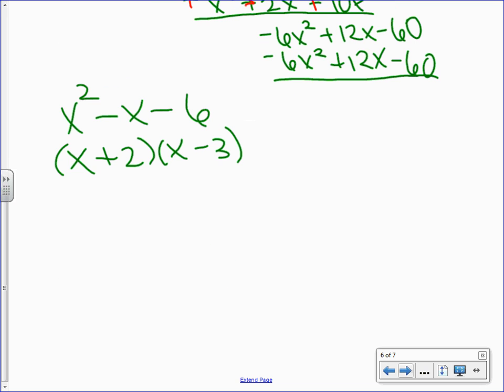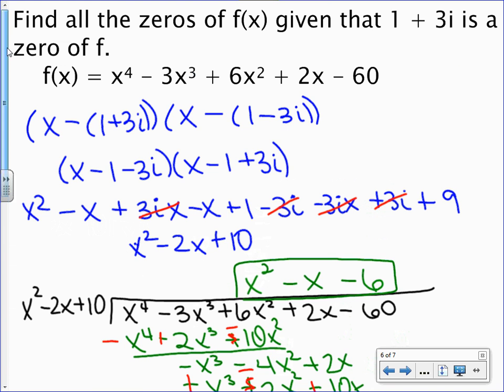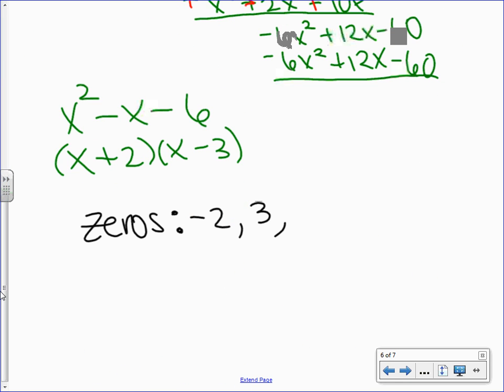So our zeros are negative 2, 3. Well, what were they? That was a long time ago. 1 plus 3i and 1 minus 3i. Since they're conjugate pairs, you can write them together. I am perfectly fine with that.